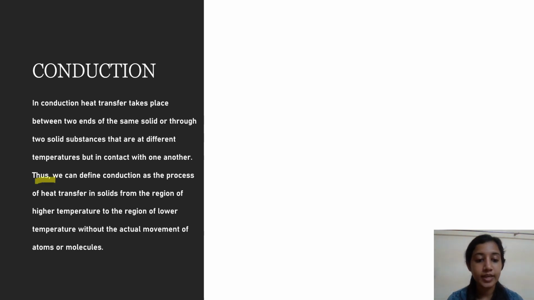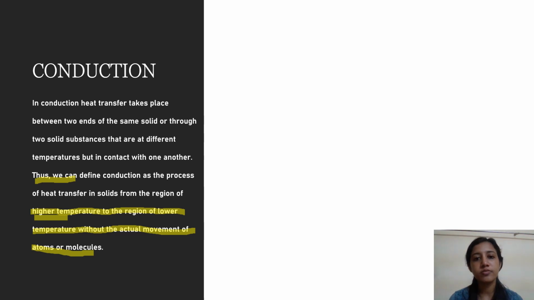And thus, we can define conduction as the process of heat transfer in solids from the region of higher temperature to the region of lower temperature without the actual movement of atoms or molecules.